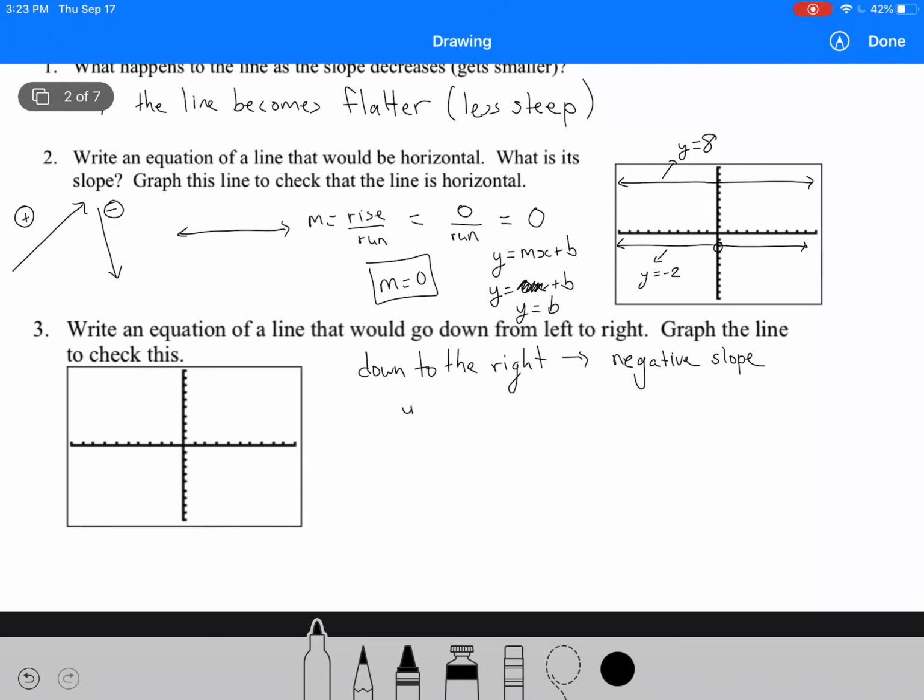So as long as our equation is in the form y equals mx plus b, where our slope is negative, this should work. So my favorite number is 7, so I'm going to choose y equals -7x plus 7. I'm pretty confident that that line is going to go down to the right because I have a negative slope.